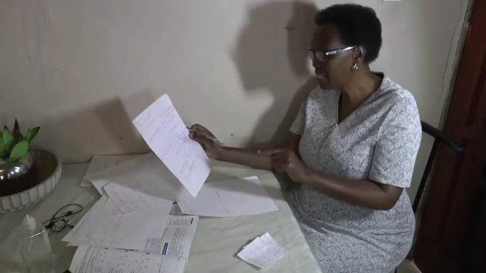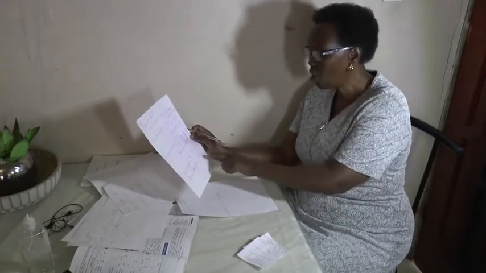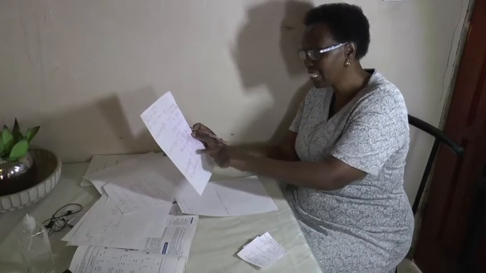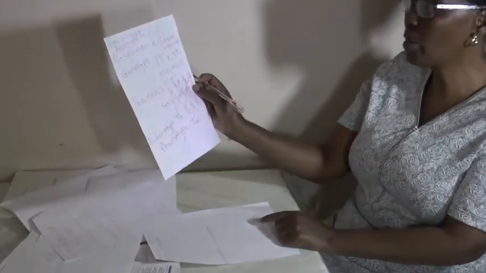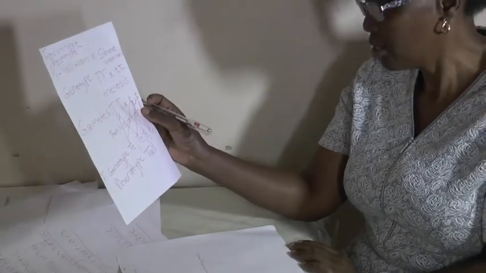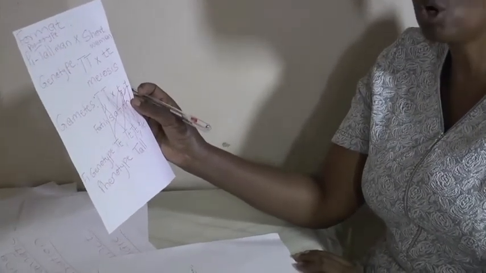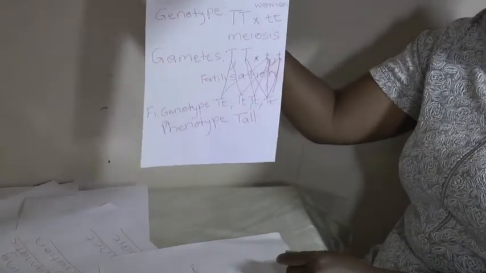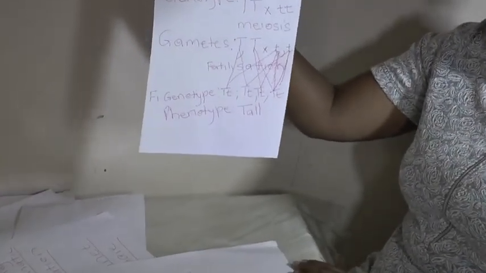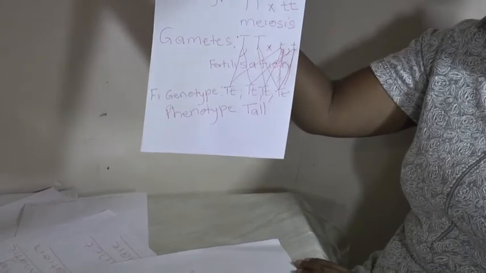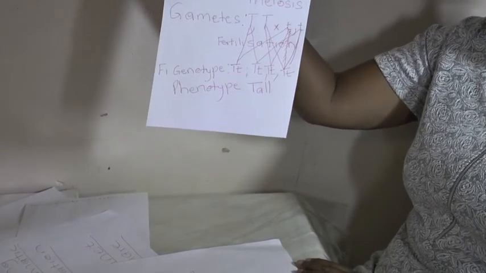This is complete dominance, meaning that the dominant allele has dominated the recessive allele. That is why we have tall children. We have tall children, all of them. So, in terms of the percentage of the phenotype of these children, we say they are 100% tall.